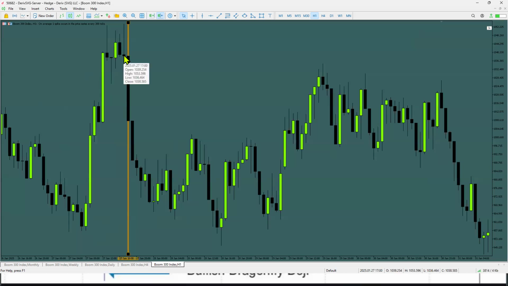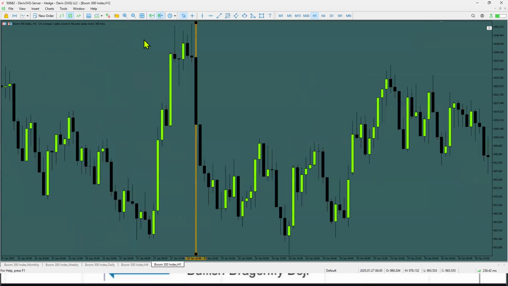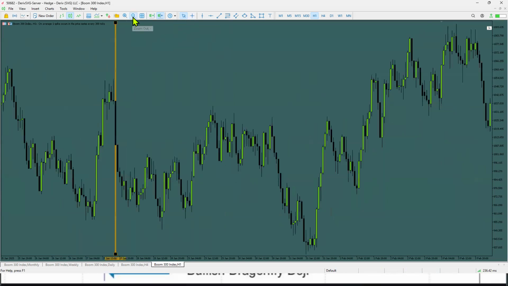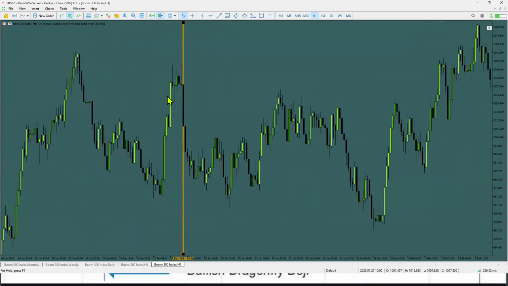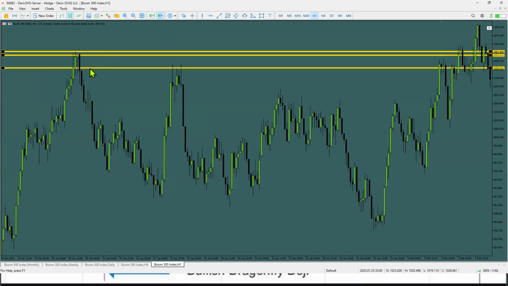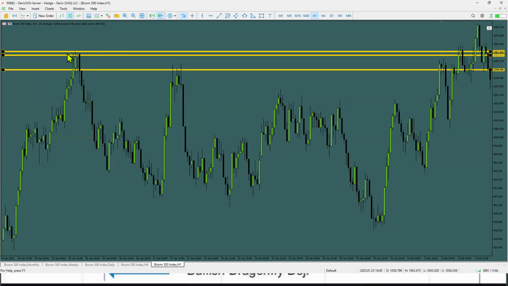Now, with this bearish doji star, if you move the chart back a little, look at this place.